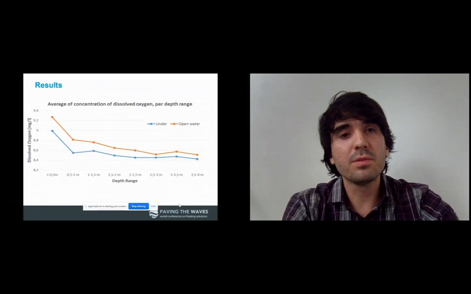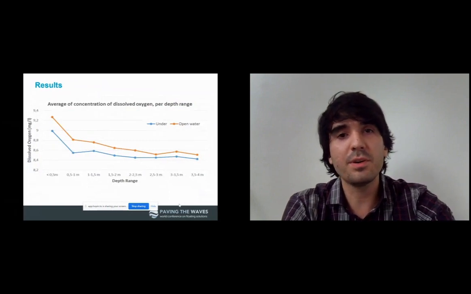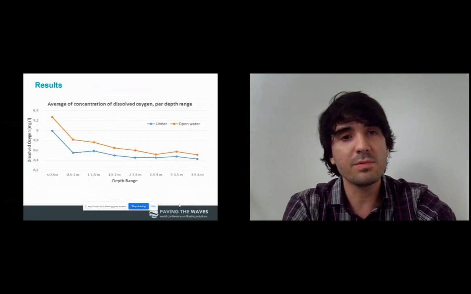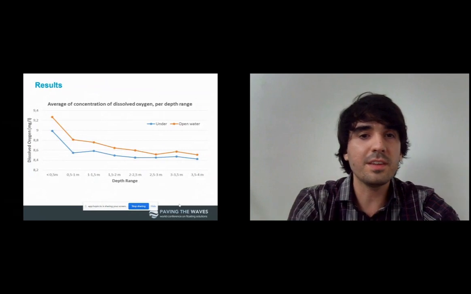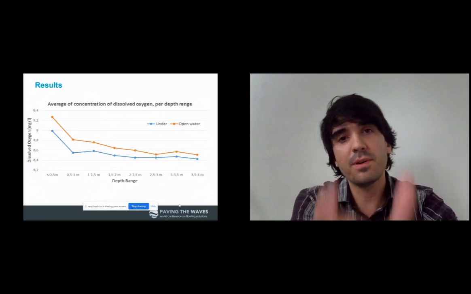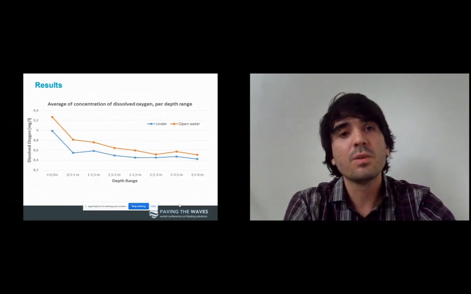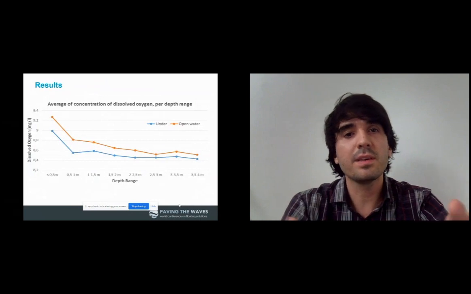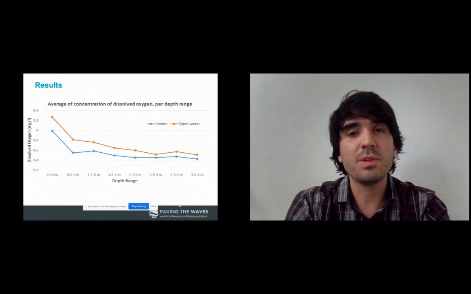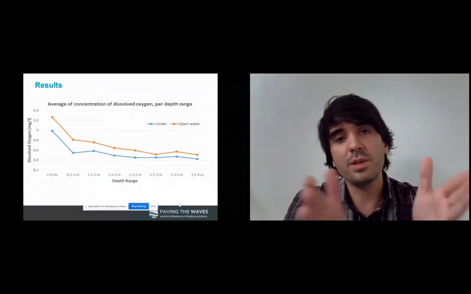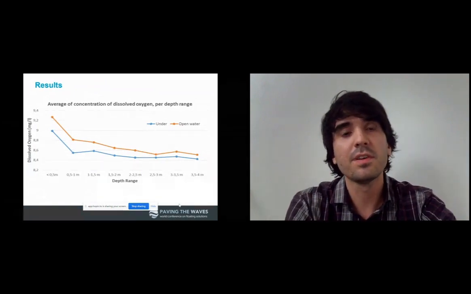If we try to look deeper into the data, we made graphs like this one for the different locations, where we divided the data per depth range, which means that we're comparing between open water and under the platform data within certain depth intervals.